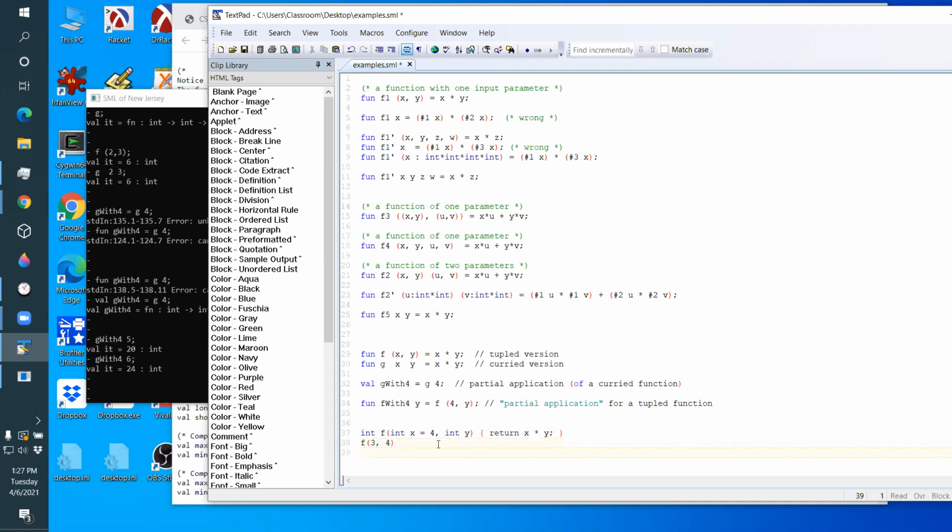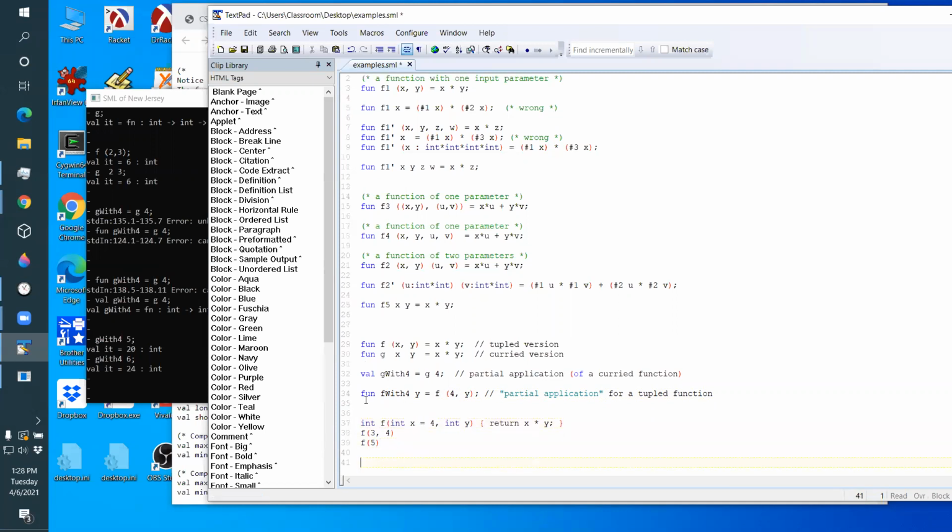But if you call f with 1 parameter, x is 4, and then this one's y. Okay, so that's kind of like f with 4. But it's using what's called a default parameter. So this is essentially f with 4 because f's got this default parameter. Okay, there are languages that let you do that.